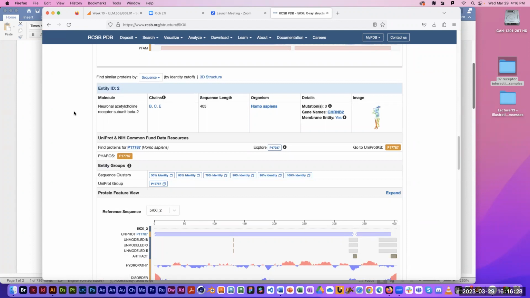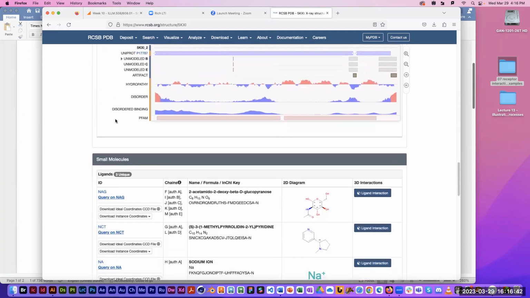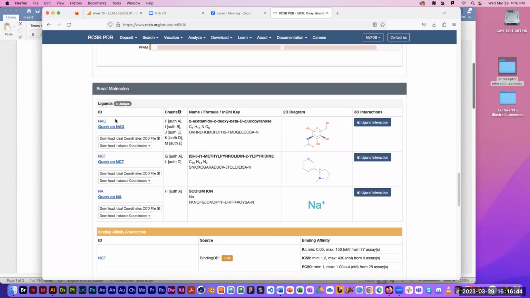We've got all 5 chains of this particular receptor, because it's one of these that consists of 5 subunits. So all of that is included in here, but then keep scrolling down to see if there's any other information in here. There are some ligands, although these are not the endogenous ligands.